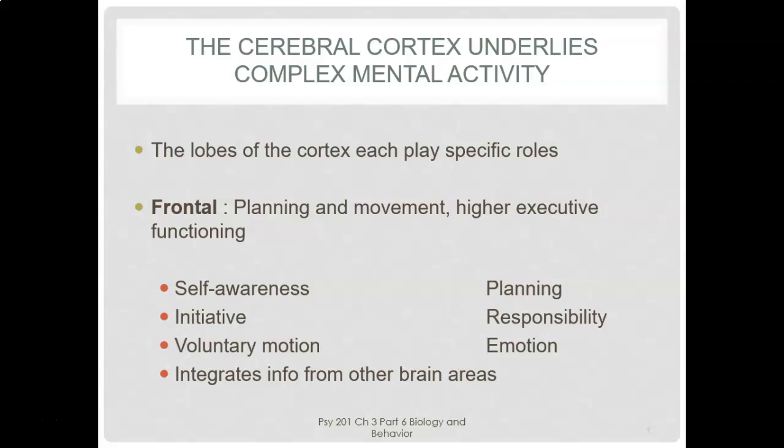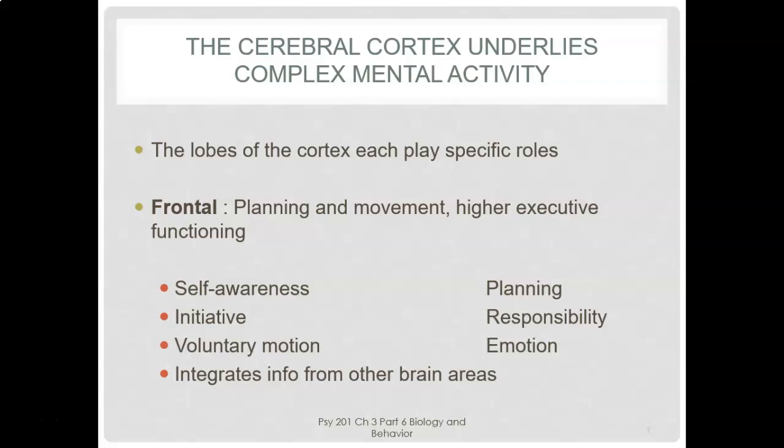The frontal lobe is the lobe that is responsible for planning, for movement, and for higher executive functioning. Examples of higher executive functioning are self-awareness, initiative, the ability to initiate behaviors, voluntary motion, planning, responsibility, emotion.